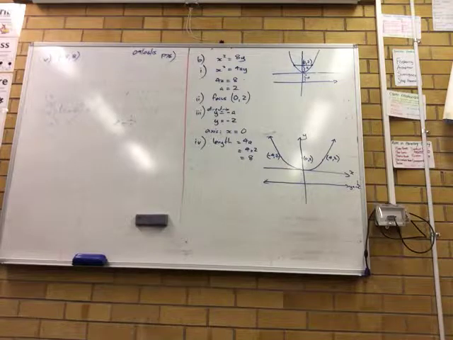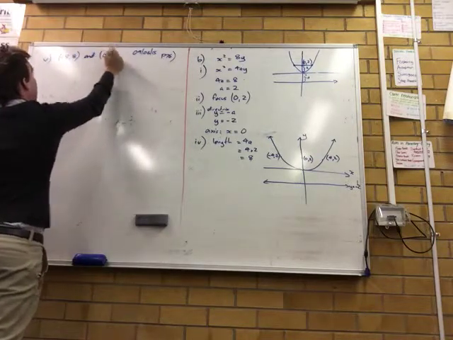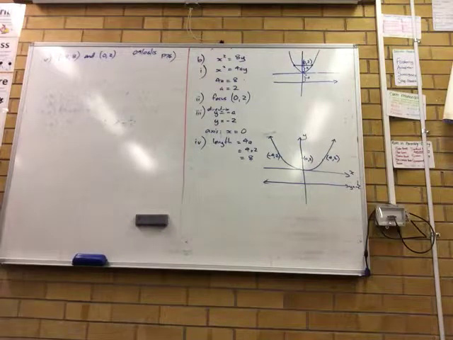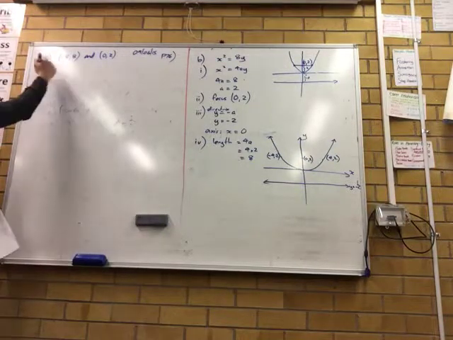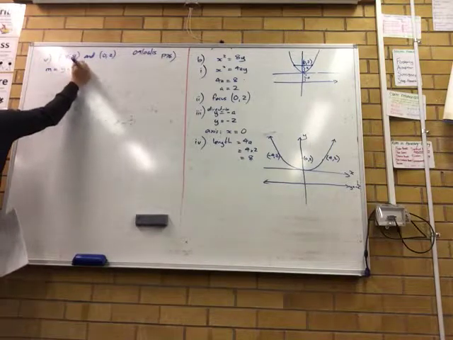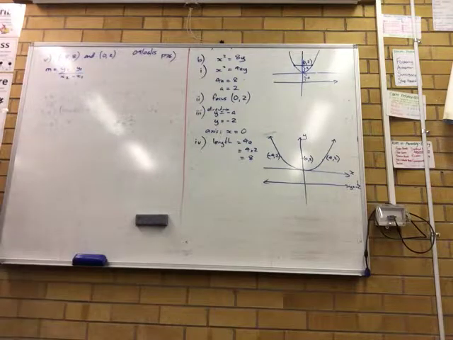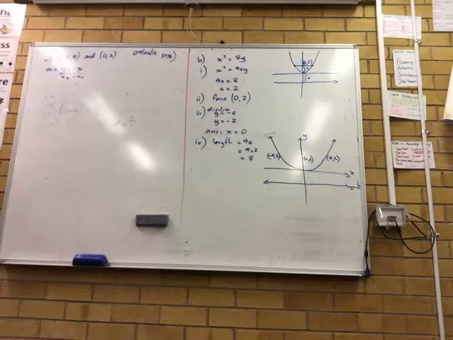So we've got one of them. The focus. Good. So the focal chord goes through the focus, and the focus had coordinates 0, 2. Right, so let's find the gradient. Y2 take away Y1 on top, X2 take away X1 on the bottom. Remember the gradient is the rise over the run.